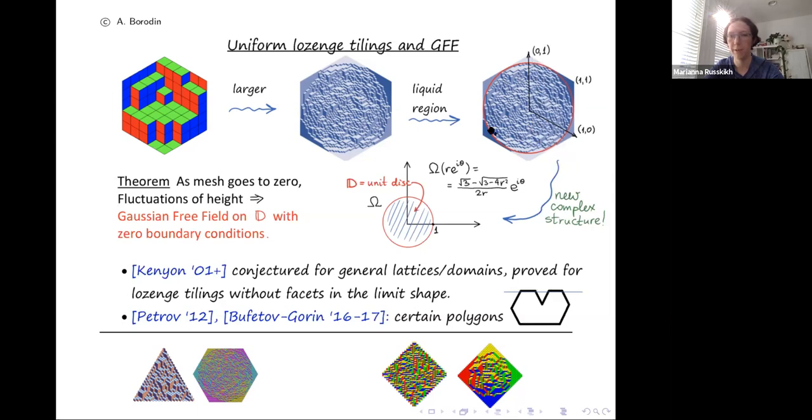So one should map this disk to a unit disk, and here is a precise map. The only thing you need to know about this map is that it is not a conformal one. So we really need to change the conformal structure. The fluctuations of the height function converge to the GFF in some new coordinates.